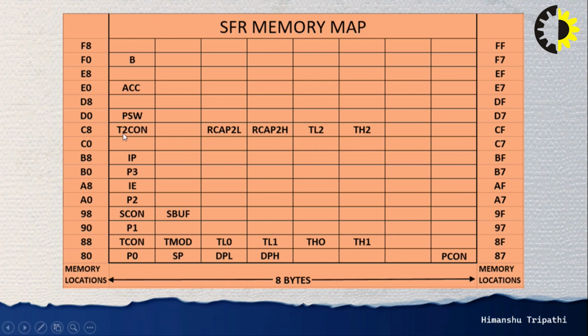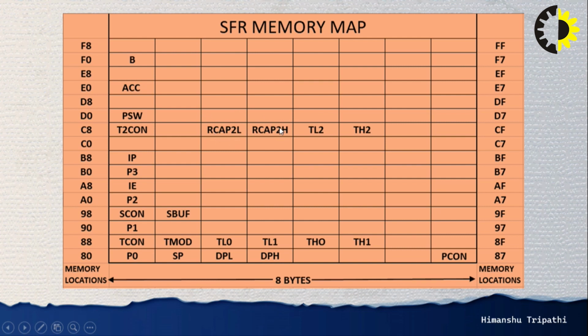But if we are talking about the 8052 variant of our microcontroller, then there is a third timer counter, named timer counter 2. So T2CON is applicable only in the case of the 8052 microcontroller.